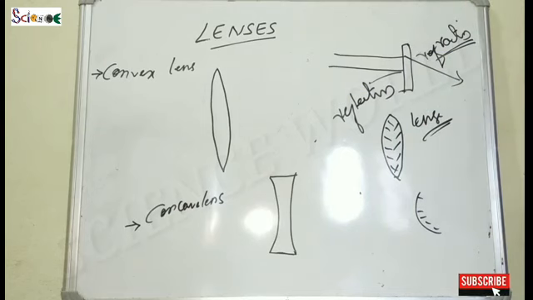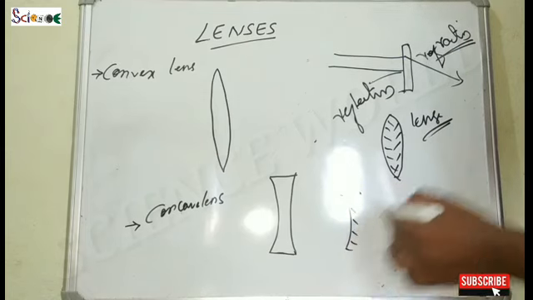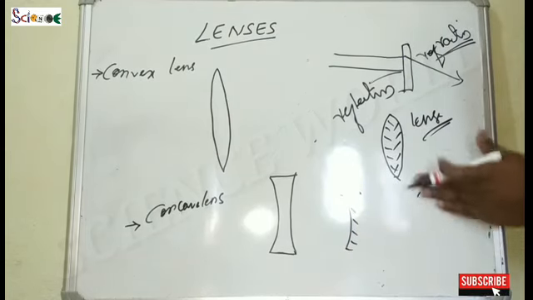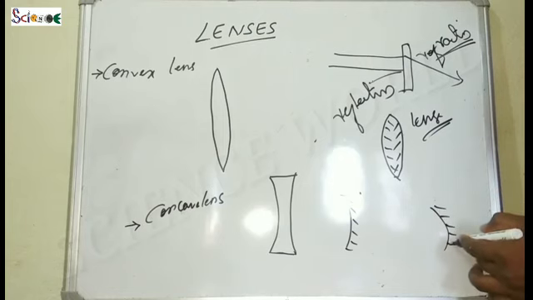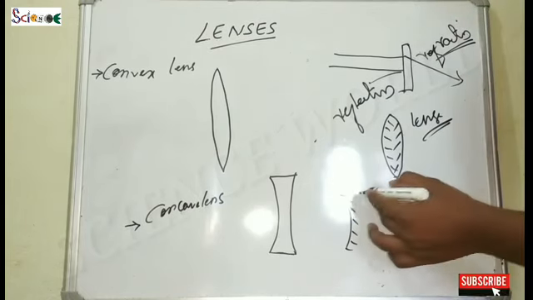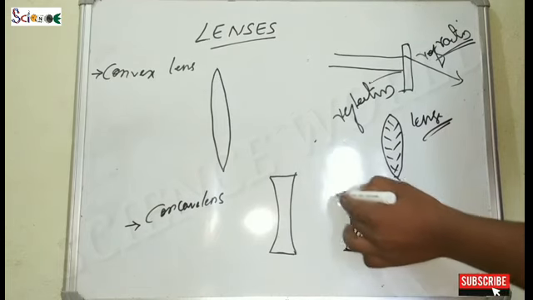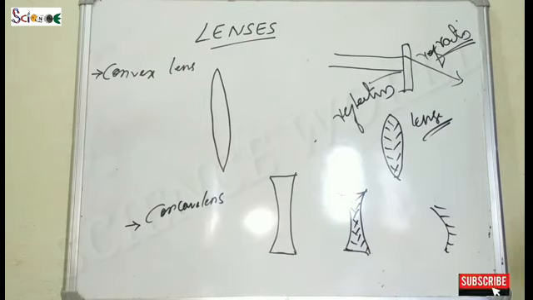In the same manner, if I take two concave mirrors, and place the other one inverted in front of it, now it becomes a lens, and this type of lens is called a concave lens.